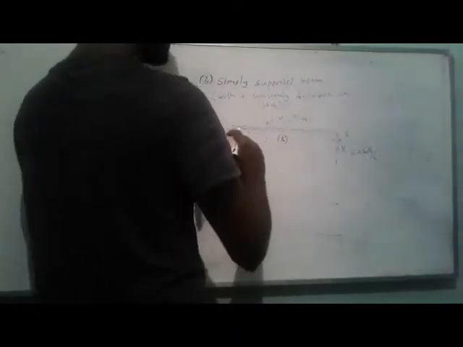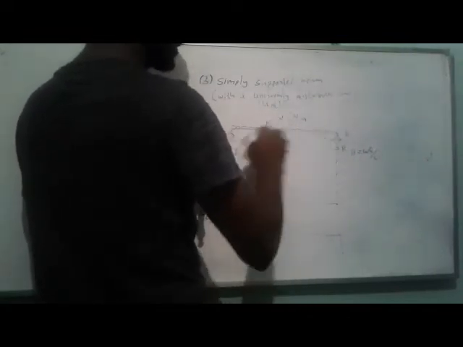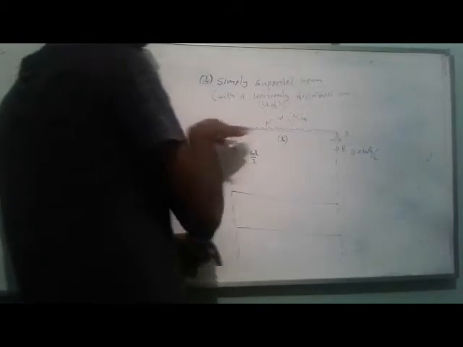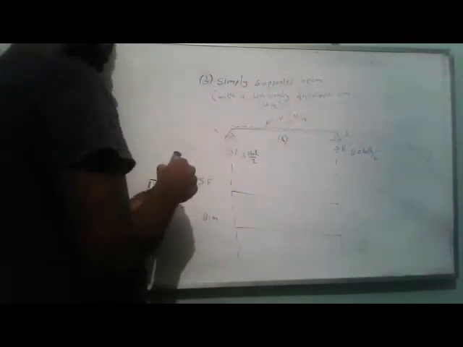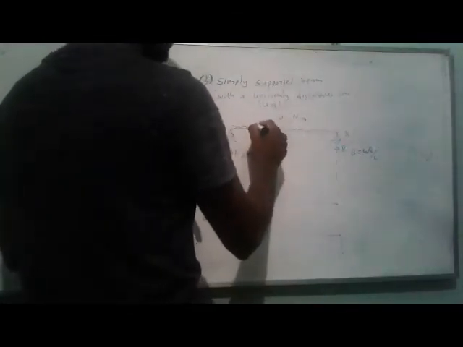you can consider the whole beam together, because there are no point loads here, and from here to here the beam is uniform. That means there are no point loads in this section.